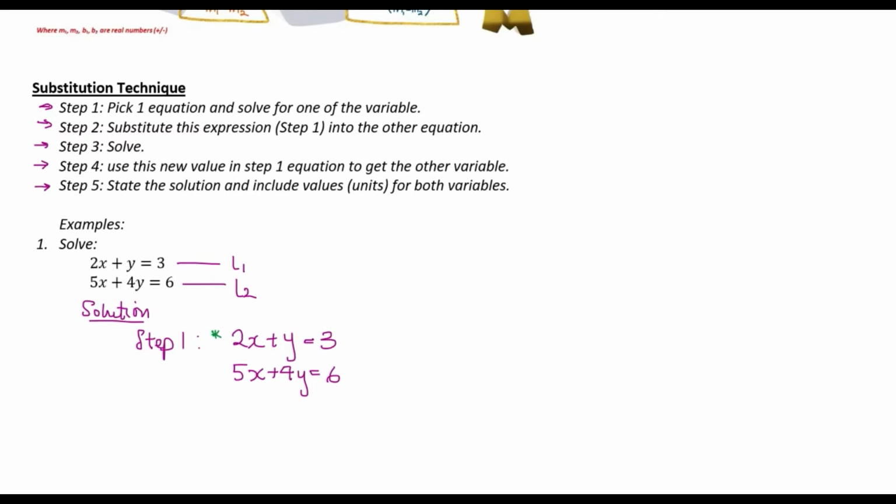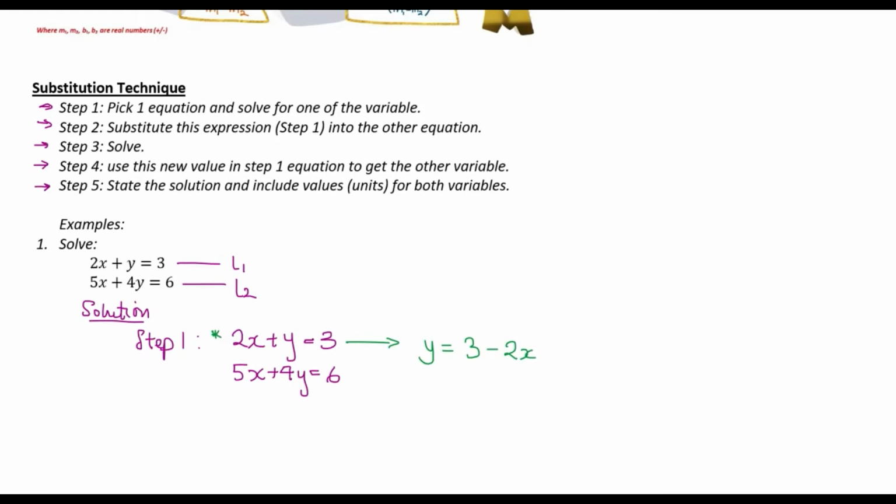So in here we can solve for y straight up, which means that y is equal to, moving our 2x over to the other side, positive 3 minus 2x. So in here this is easy because we have already solved for that particular variable.